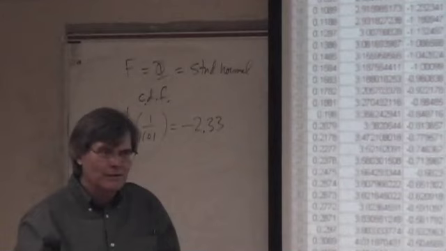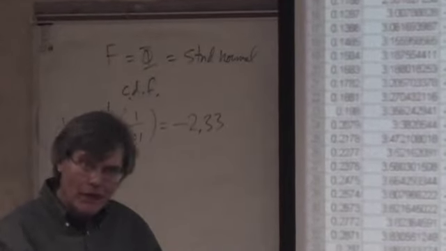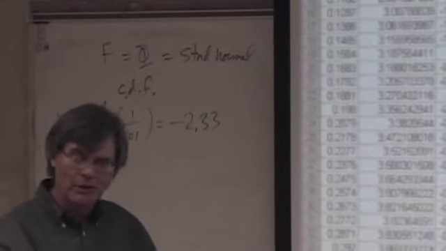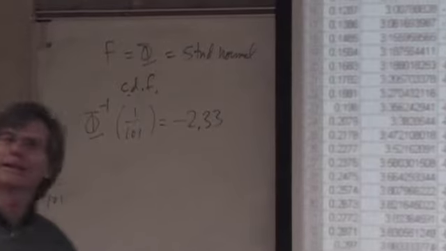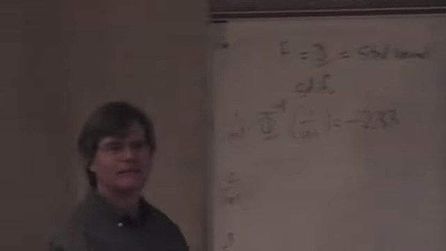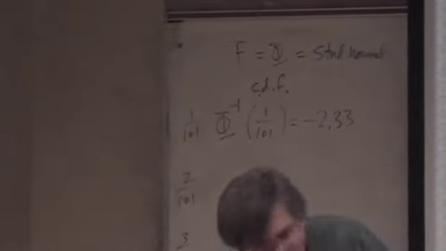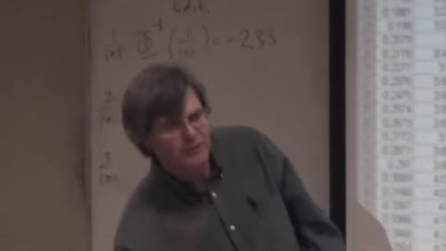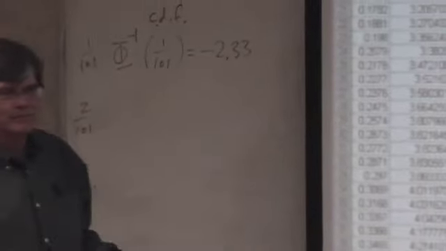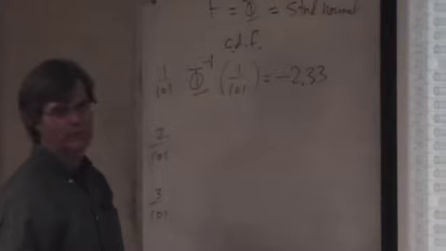About 1% of a standard normal population has values below negative 2.33. Does that seem about right? You can figure that out by looking up z sub 0.01 in the back of the book. It should be 2.33.